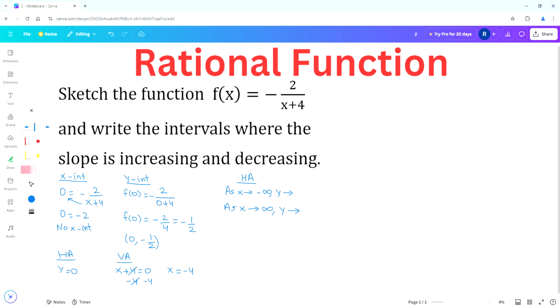We have to do the check on the left and the right side of the x-axis. For the left side, we should use a big negative number like negative 100. We should sub in x as negative 100 in the given function equation.